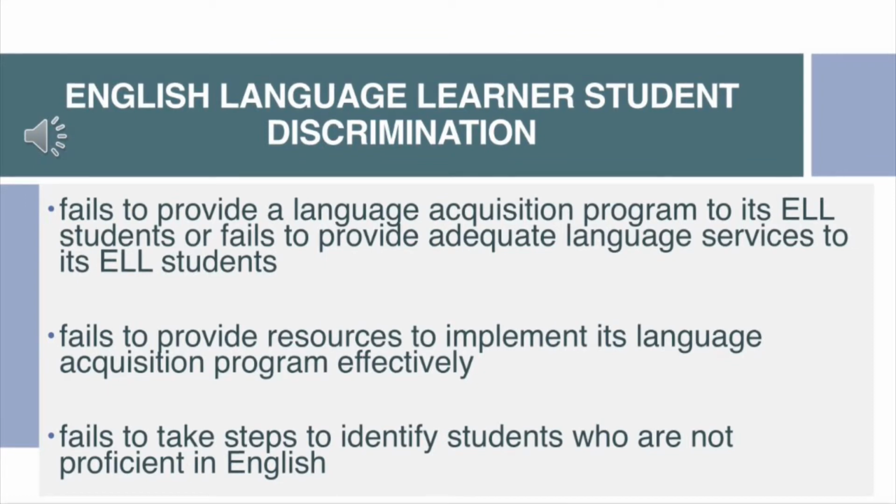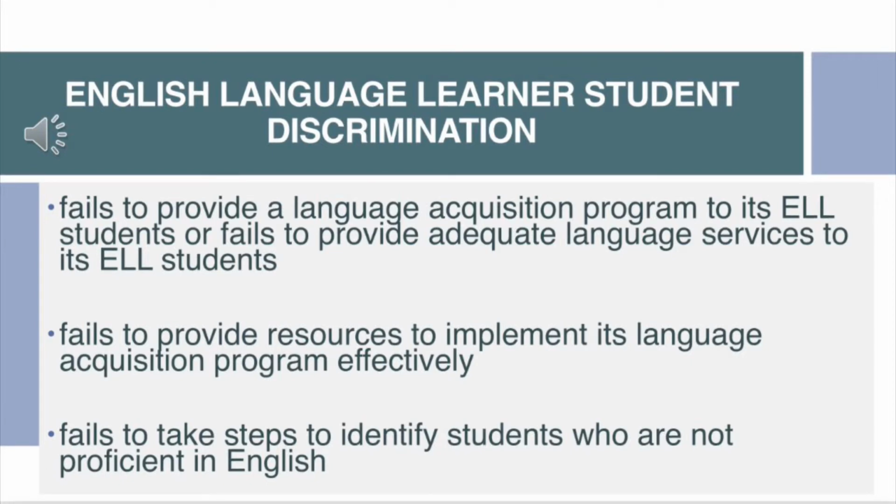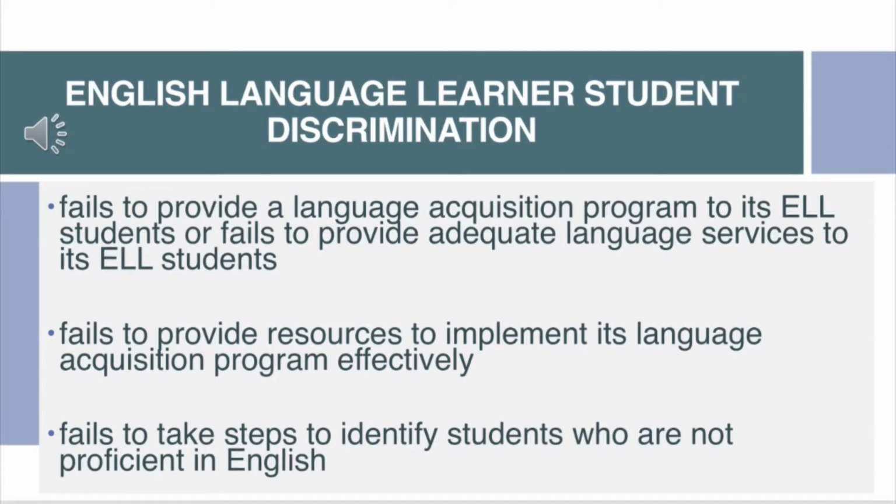English language learner student discrimination is defined as a failure to provide a language acquisition program to its ELL students, or failure to provide adequate language services to its ELL students, a failure to provide resources to implement its language acquisition program effectively, and a failure to take steps to identify students who are not proficient in English.